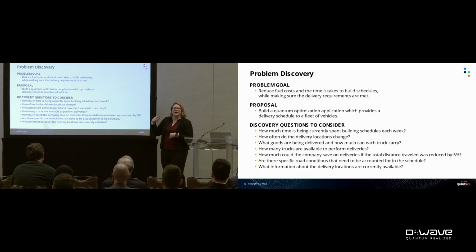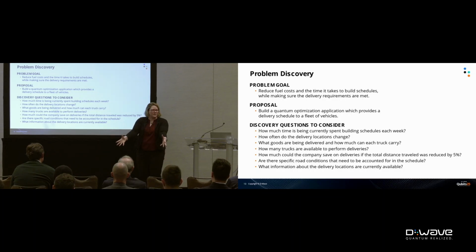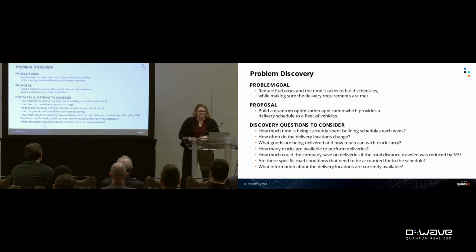That's a very important question when we go through the discovery process. What does this solution mean to you? What information about the delivery locations are currently available? What sort of information are we getting into this application so then we can build those schedules? Okay.